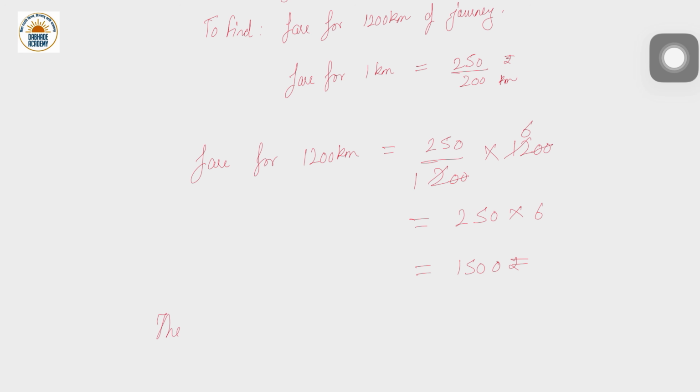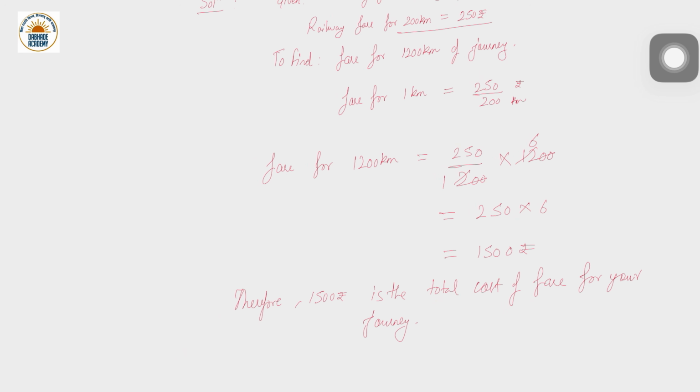Alright, so this is a simple question in which we have used the unitary method, and we have tried to find out the cost of our journey for 1200 kilometers.